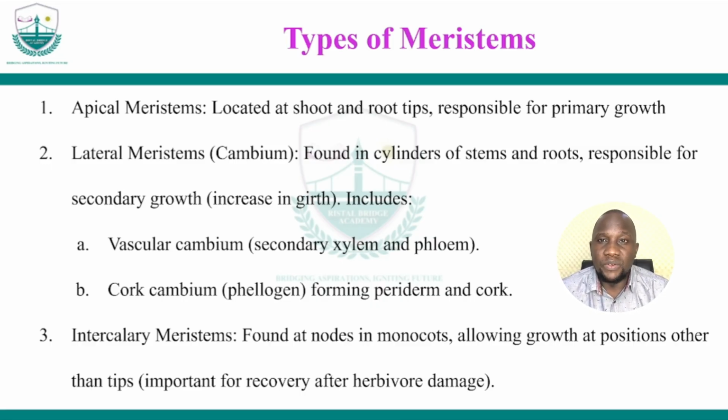We have vascular meristems. This is where we get the secondary xylem and the secondary phloem. Okay, and then we have the cork cambium, which gives us the bark of the tree. Usually, we talk about secondary growth in these big trees or perennial plants. And then for monocots, they have what we call intercalary meristems, and these help in regenerating these monocotyledonous plants when, for example, they are damaged or eaten by herbivores.